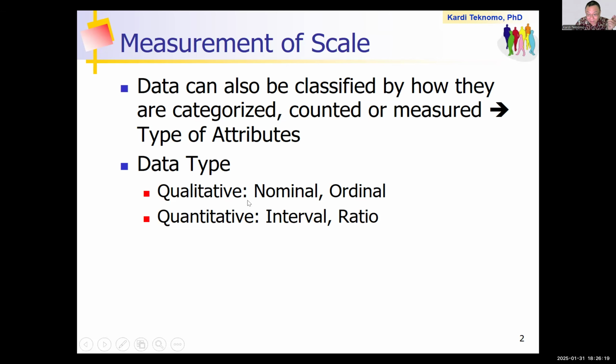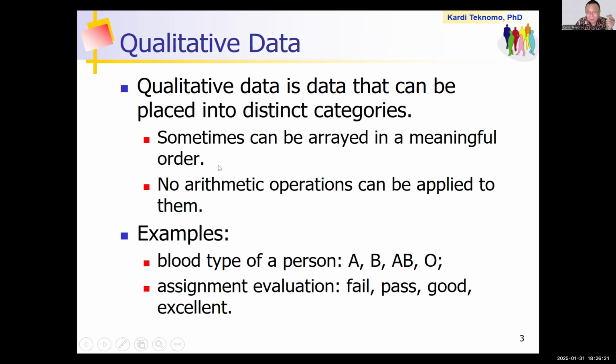Qualitative data usually has distinct categories. Sometimes we can arrange them into a meaningful order, sometimes no order. For example, a blood type of a person, A, B, AB, O, or your assignment evaluation can be failed, pass, good, and excellent.